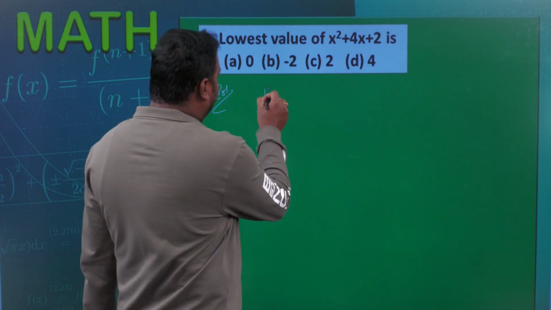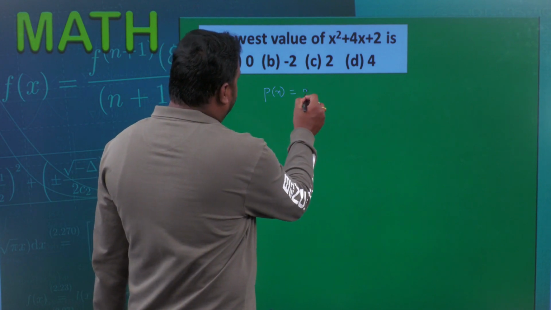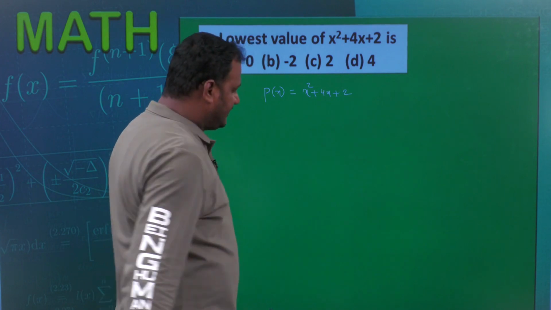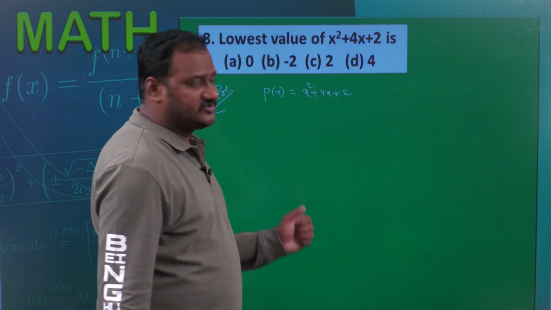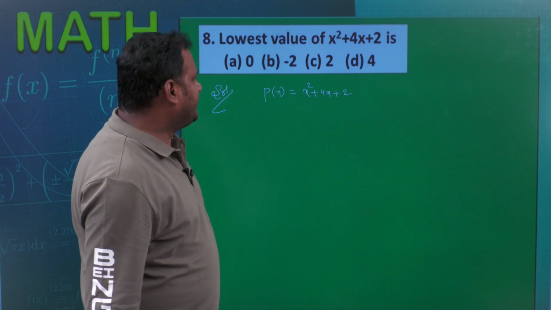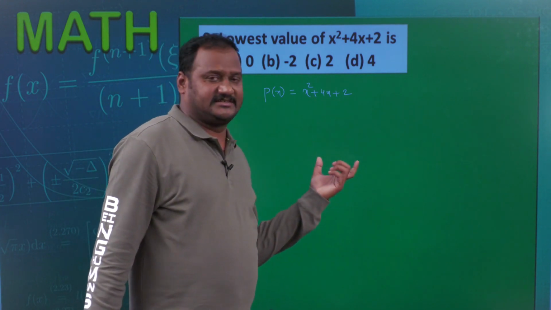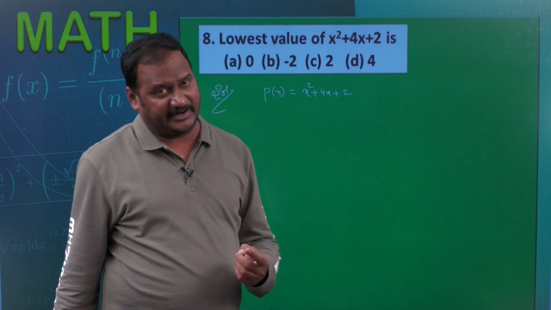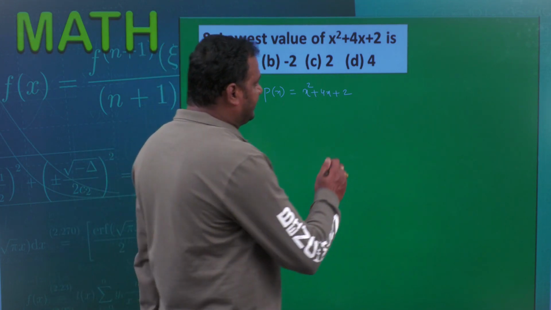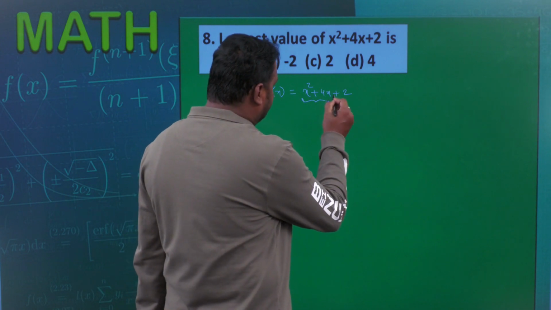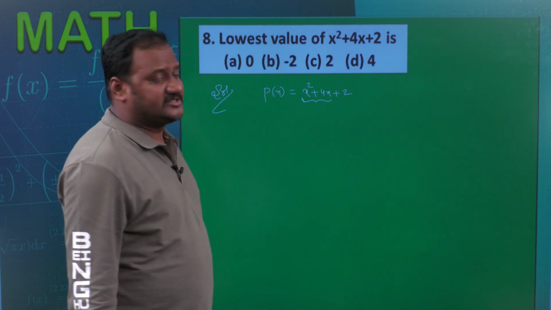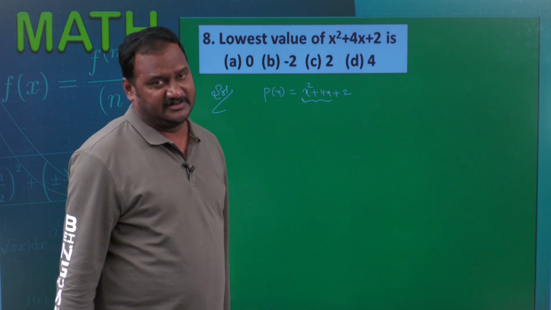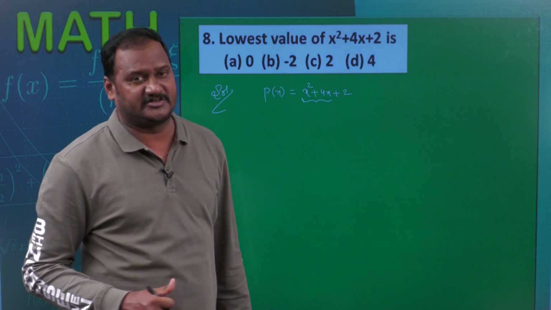I would write the given polynomial x square plus 4x plus 2. See, in order to find the least value, I am going to express this as a square number by the method of completing the square. The method of completing the square means, irrespective of the last term, if I take the first two terms, the second term sign is positive, then I go by the a plus b whole square expansion.